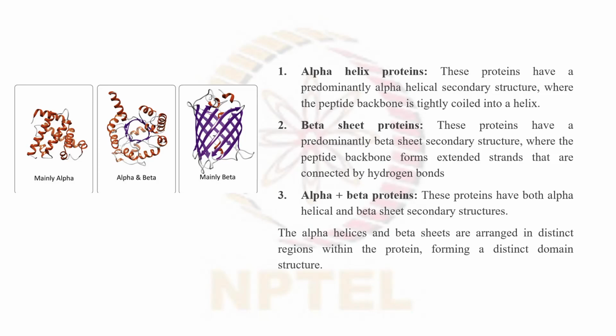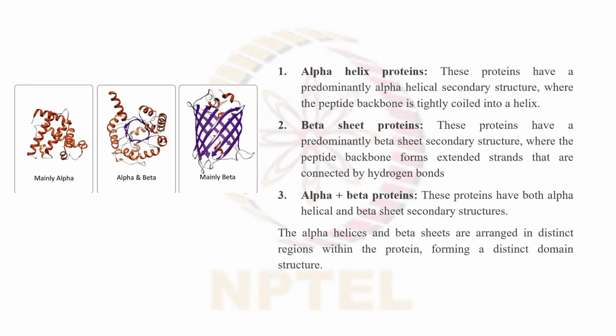The first one is alpha helix proteins. These proteins have predominantly alpha helical secondary structure where the peptide backbone is tightly coiled into a helix. Examples of alpha helical proteins include keratins and myoglobin.